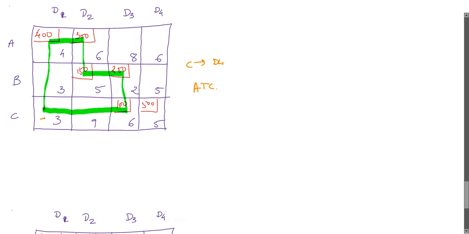So here we will have additional transportation cost. So here it will be minus, so here plus, minus, plus, and minus. So the additional transportation cost is 3 minus 4 plus 6 minus 5 plus 2 minus 6.